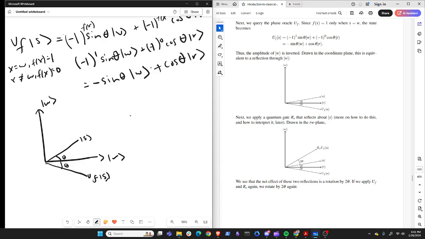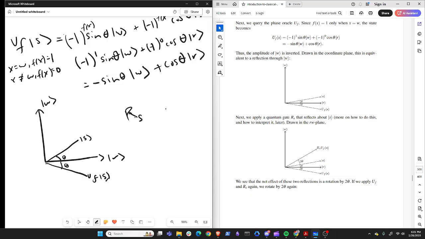Next they apply a rotation gate, an R of s. We talked much earlier, I can't remember what day it was, about how rotation gates can rotate around any axis. They take in given parameters that tell it how to determine the axis that it'll rotate around and then how much to rotate around that axis.